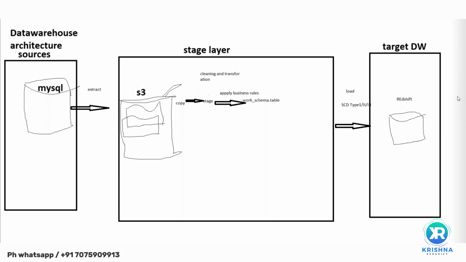There are many tools. What AWS did is, why should we copy and load into a stage table? Why should we load it into a work table? Why should we do SCD type 1, type 2 and Redshift to generate reports? Why can't we directly query from S3?